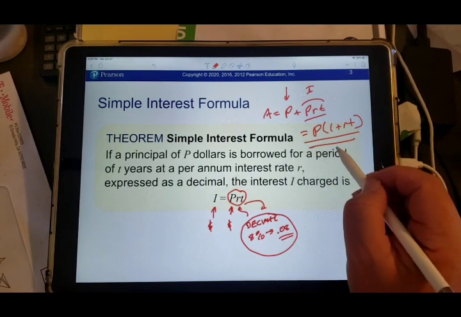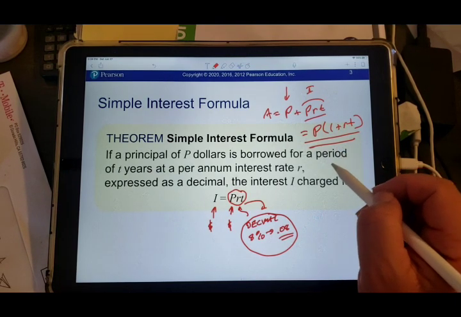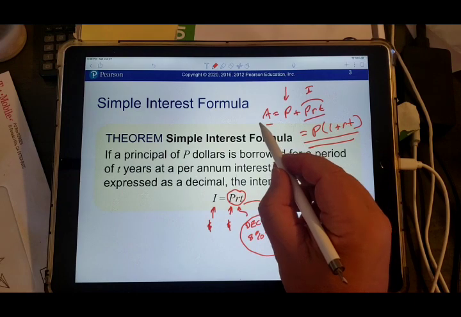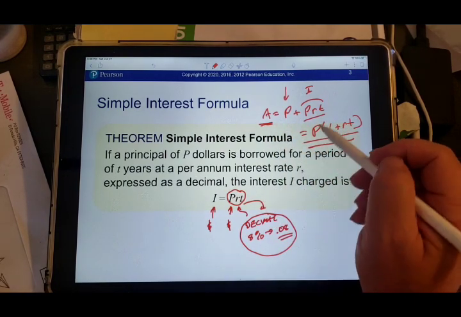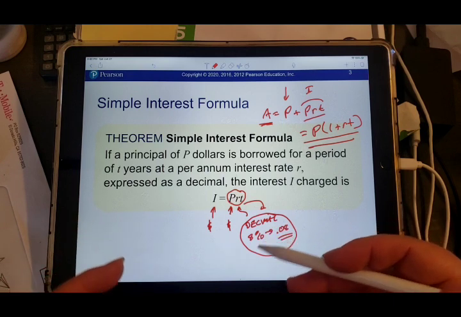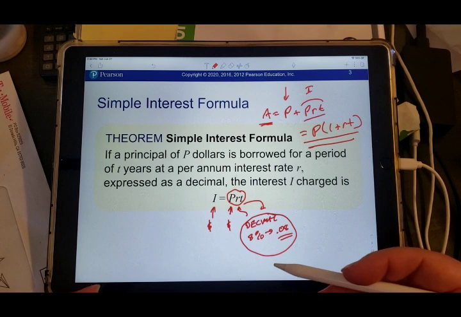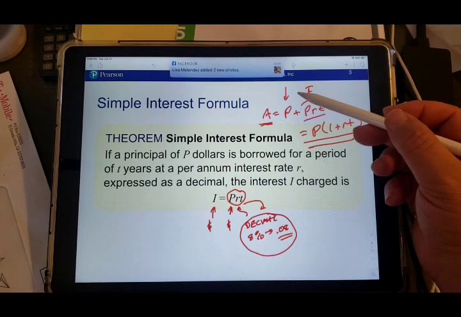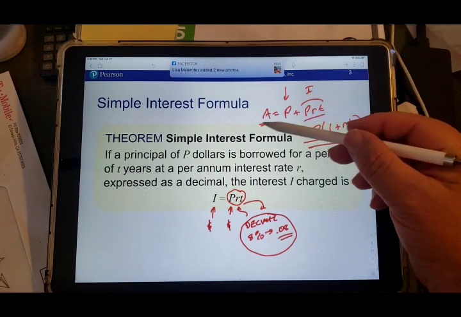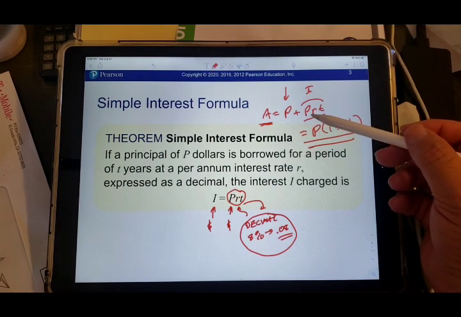The reason I'm doing this is that every formula we're going to see, every single one, is going to be solved for A, the amount of money, not for the interest. This is the only formula that is presented to us not from the standpoint of how much money we have, the amount, but just the amount of increase.